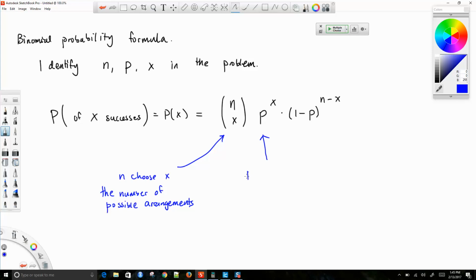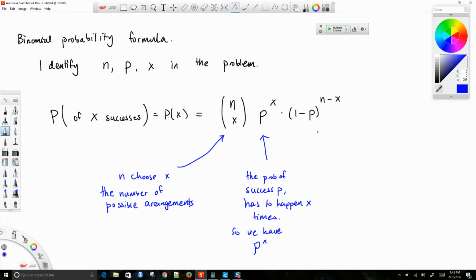This is the probability of success p, and it has to happen x times. So we have p to the x.